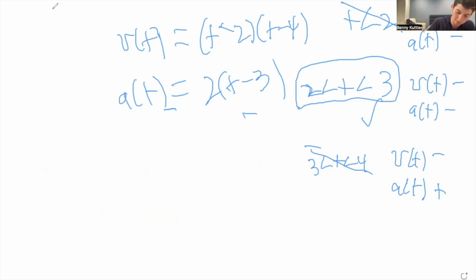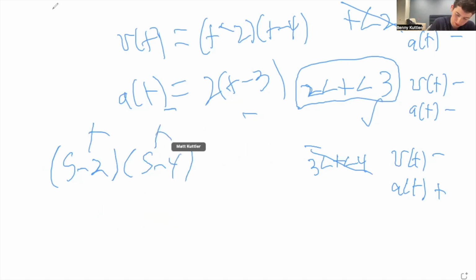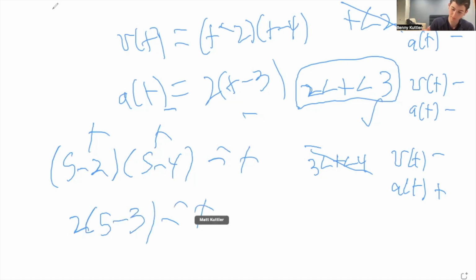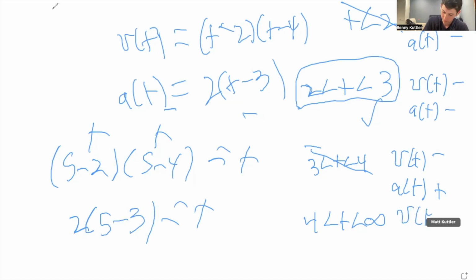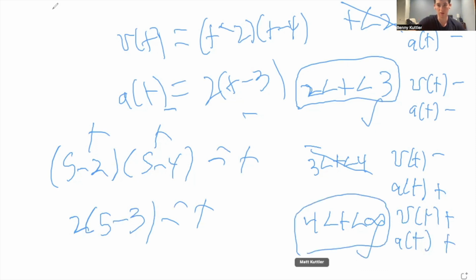So if we plug in 5 minus 2 times 5 minus 4, these are both positive, so that's going to be a positive. And if we plug in 5 to the acceleration, 2 times 5 minus 3, it's going to be positive. So we know that between 4 and infinity, they're both going to be positive. V of t is positive, and a of t is also positive. So that works. So these are our two answers right here.